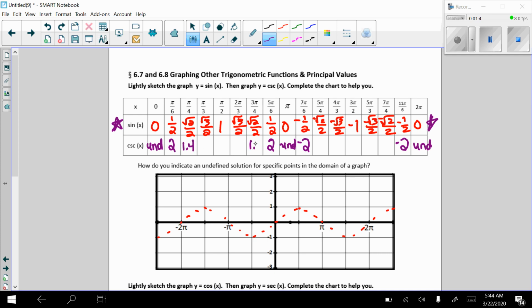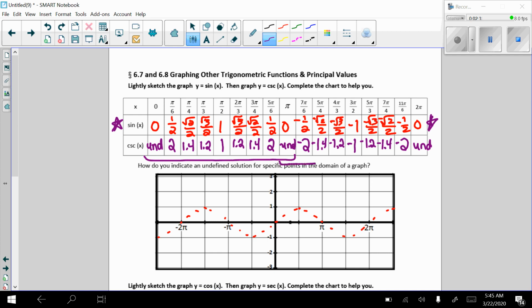So I'm going to fill in all of these root 2 over 2's to be positive or negative 1.4. The reciprocal of root 3 over 2 is about 1.15, so I'm just going to put 1.2 to make it easier. Okay, and negative 1.2, negative 1.2, and the reciprocal of 1 is 1, reciprocal of negative 1 is negative 1. So now what we're going to do is graph these values.